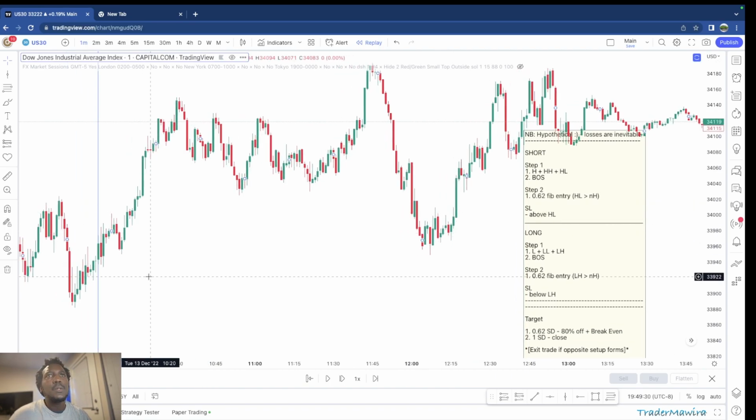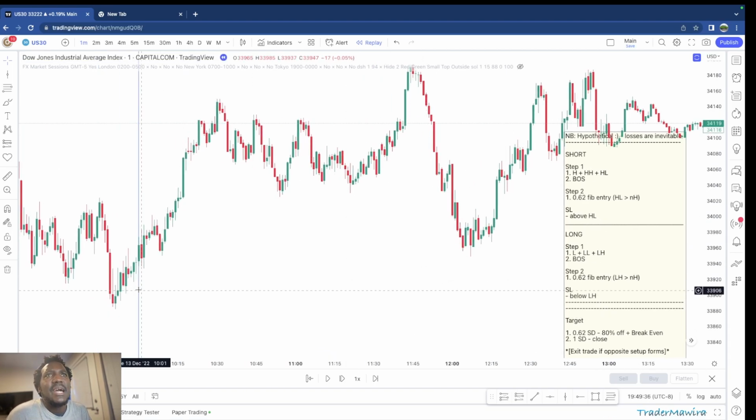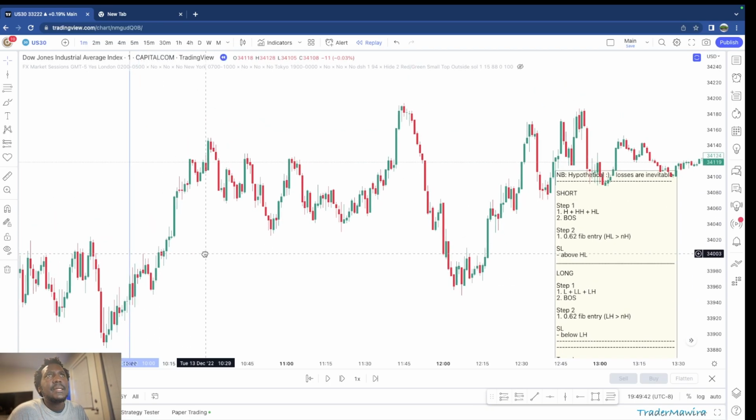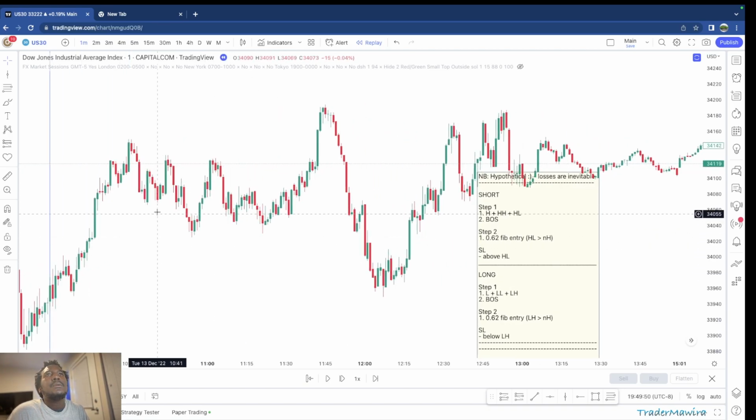So we're looking for a low, either step 1 on the long or step 1 on the short. So we have a low, so we have nothing, but we had a potential high and high. So there's nothing right there. We have a high, nothing. We have a high, then a breaking structure, so nothing. We have a high, we have a low, a higher low, nothing.